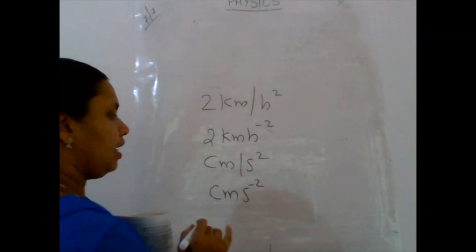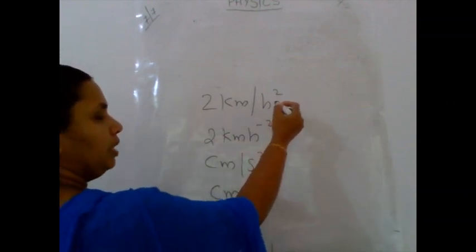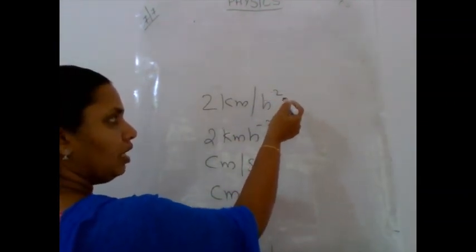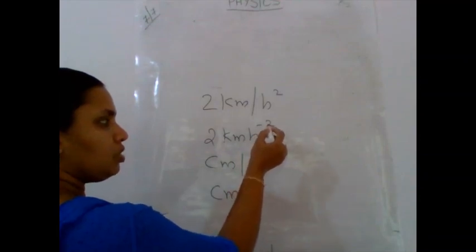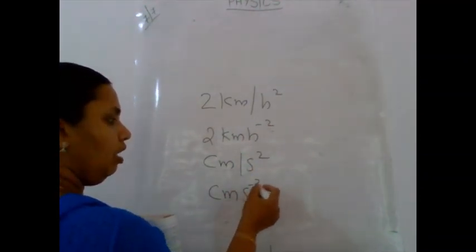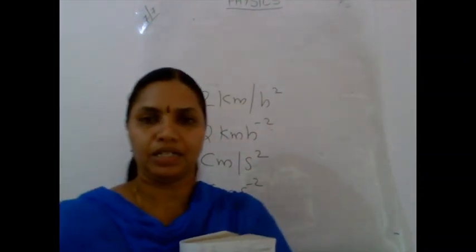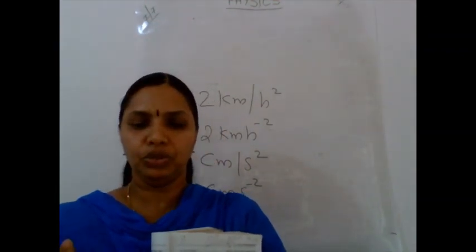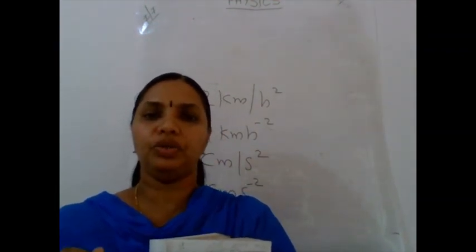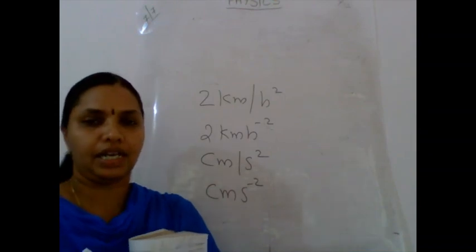You can write it like this, divided by hour square, or hour raised to minus 2, and second square, or second raised to minus 2. Okay, so convert 2 kilometer per hour square into centimeter per second square.